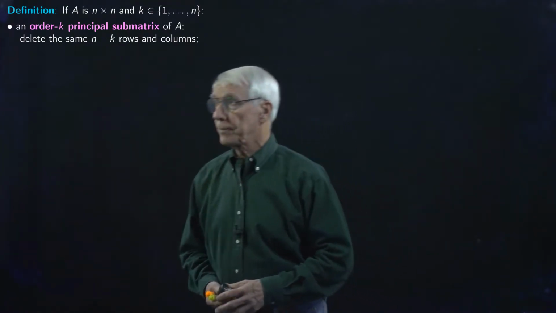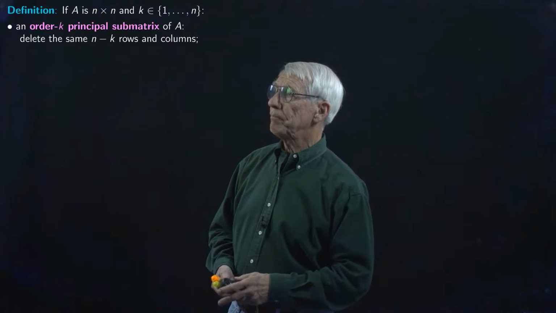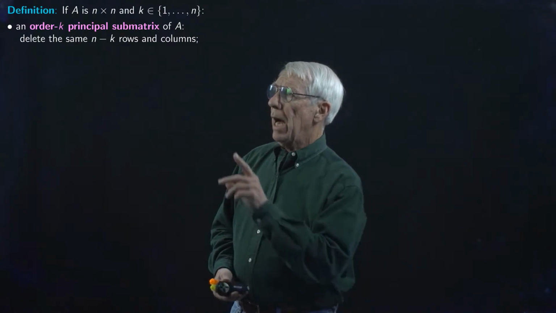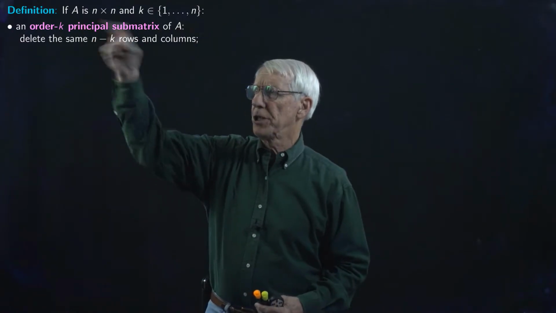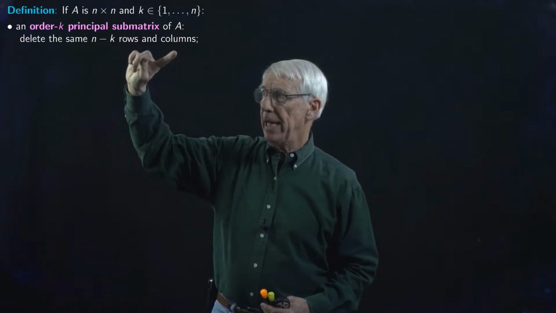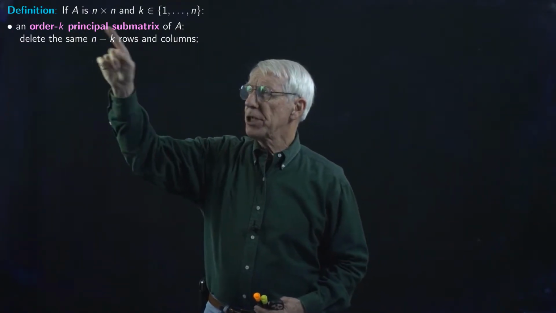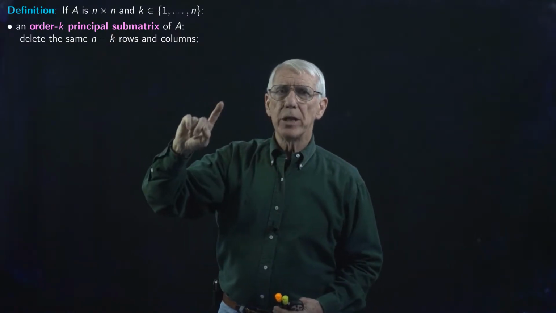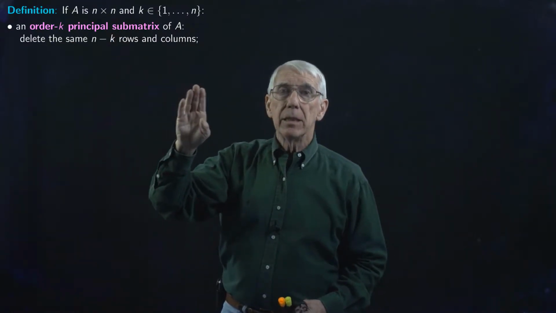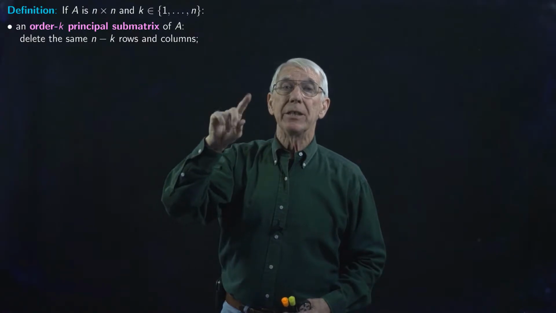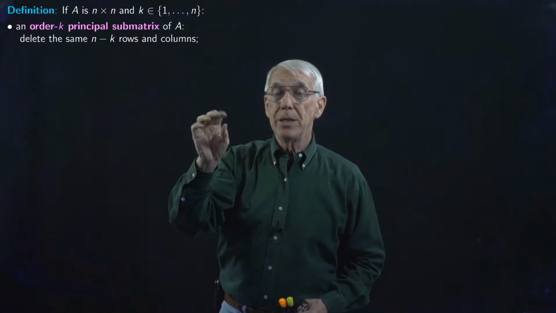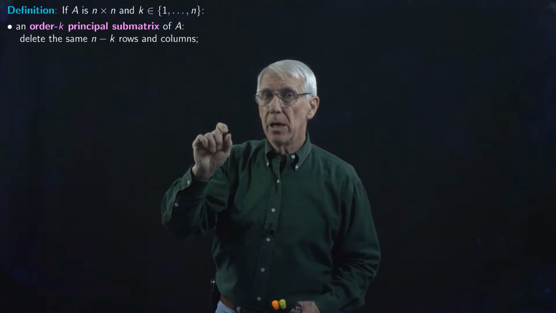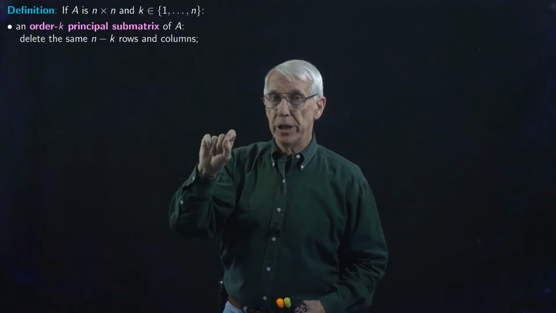And so notice in this definition that I've identified the notion of a principal submatrix of the matrix A. And so a principal submatrix is one in which we delete some rows and columns, but we delete the same number of rows as columns. So what remains is still a square matrix, but of a smaller dimension.